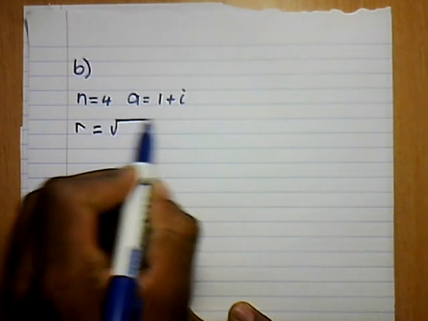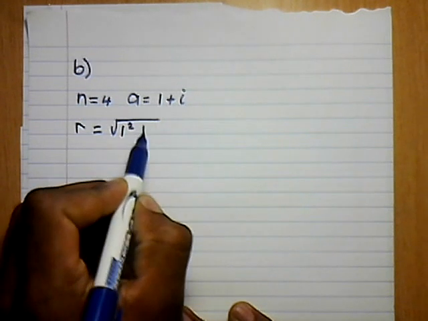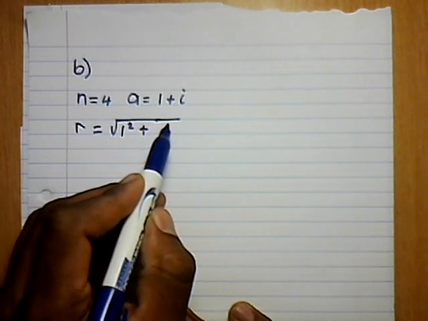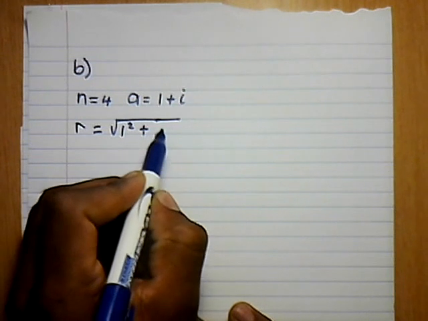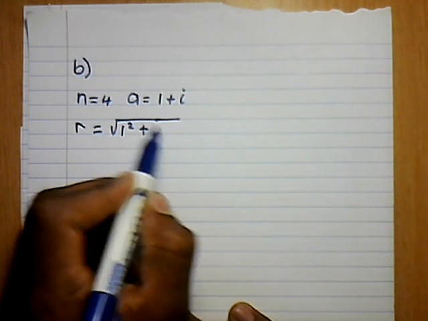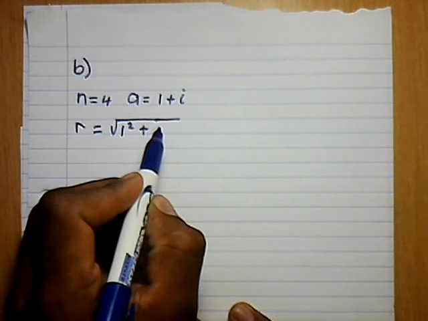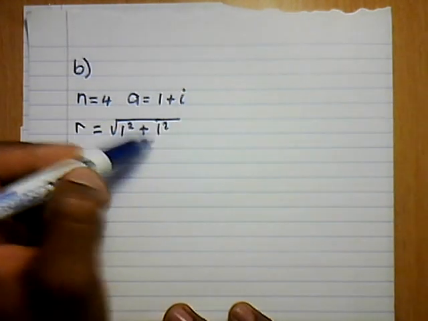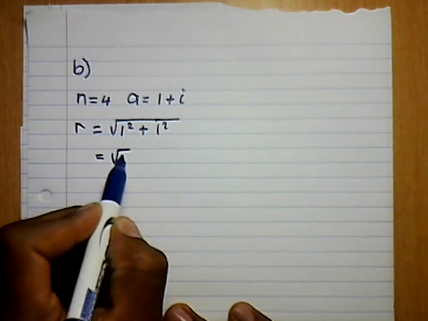The real part x is 1, so it will be 1 squared plus the imaginary part squared. Note that we don't put the I, we put the coefficient of I, which is 1. So we find that r is equal to square root of 2.